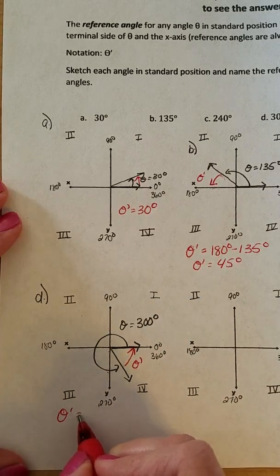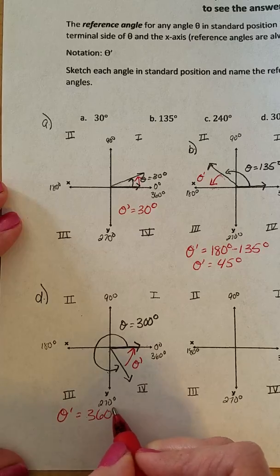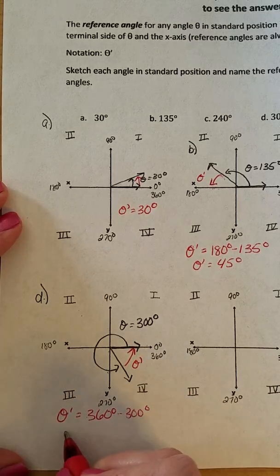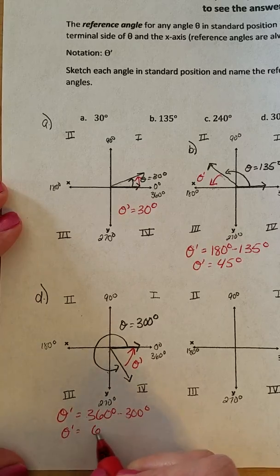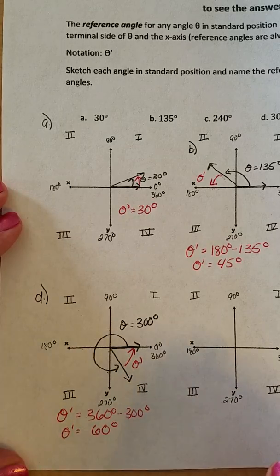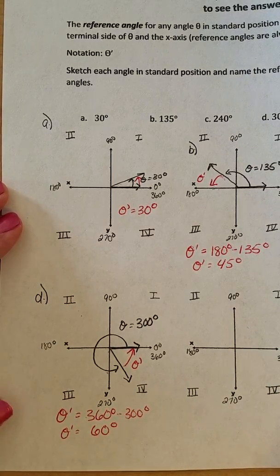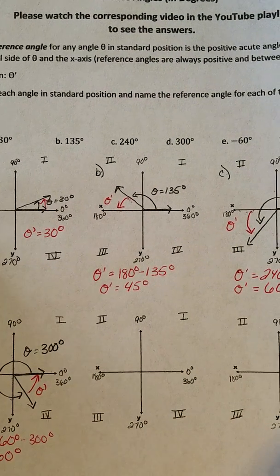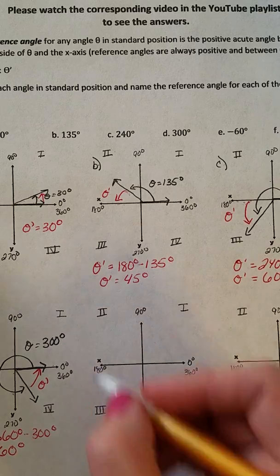My reference angle will equal 360 degrees minus 300 degrees, which gives you a measurement of 60 degrees in quadrant 4. Let's take a look at some negative angles now. We are on E. E is negative 60 degrees.